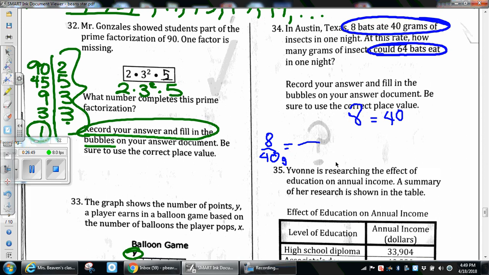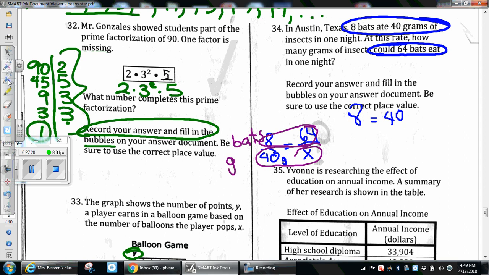I'm going to just call that X. Could 64 bats eat? So I can place the 64 here. Now, what I'm doing is making this row the row of the bats, and my second row will be the row of the grams of insects.